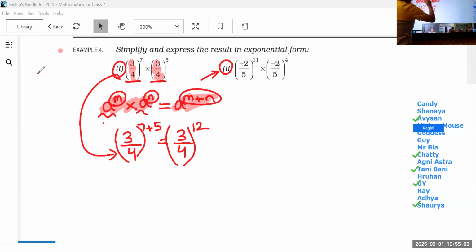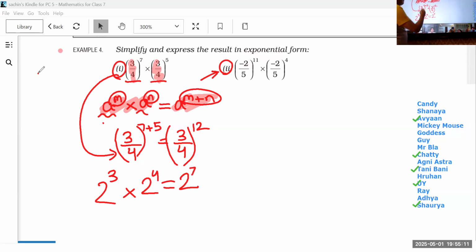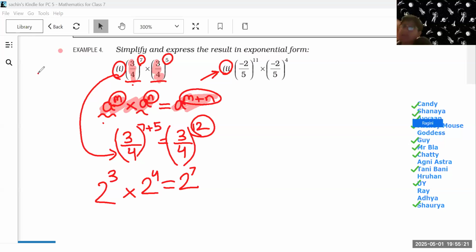So a to the power m plus n हो जाएगा. There was one example also, 2 cube into 2 to the power 4, that will give you 2 to the power 7. Same way, 3/4 whole to the power 7 multiplied by 3/4 whole to the power 5 will give you 3/4 whole to the power 12. Got it, sir.